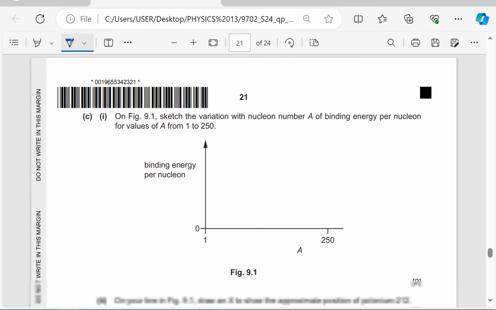On the figure, sketch the variation with nucleon number A of the binding energy per nucleon for values of A from 1 to 250. So I'm going to divide this range into approximately equal parts. Let me divide it into intervals of 50.